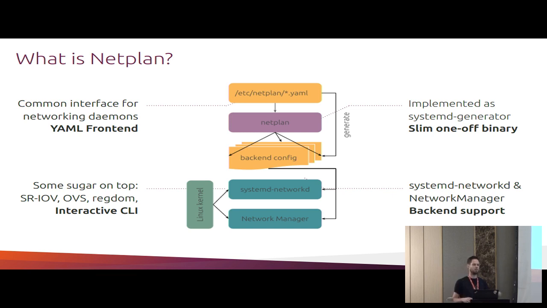That is the core functionality: reading the configuration, processing it through a binary at very early boot, and then generating the specific configuration, like keyfile configuration for NetworkManager or the normal systemd configuration for networkd. On top of that, Netplan provides some extra functionality like network virtualization through SR-IOV or hardware offloading through Open vSwitch.